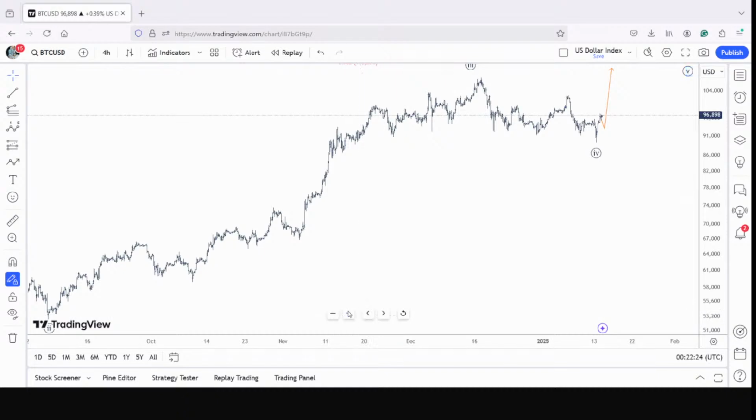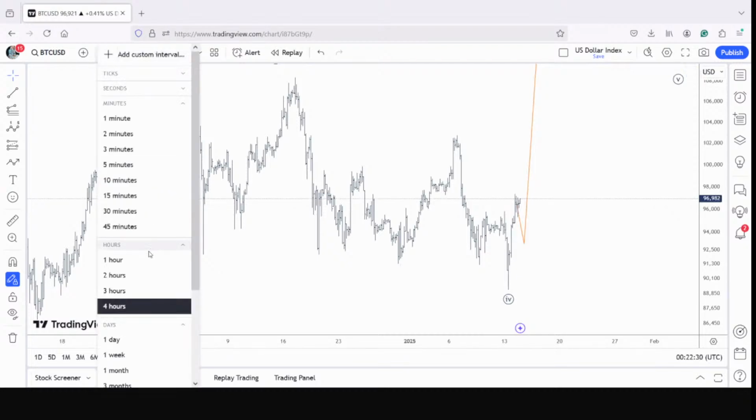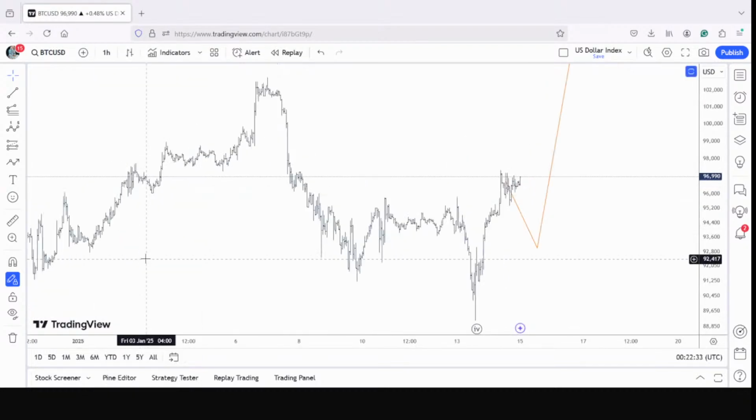They're taking a breather. Not much change from what we saw in the previous session, and maybe one more high before the drop continues or the correction continues. But it's good to remain on the long side in Bitcoin now with a stop loss around 87 or just below that.